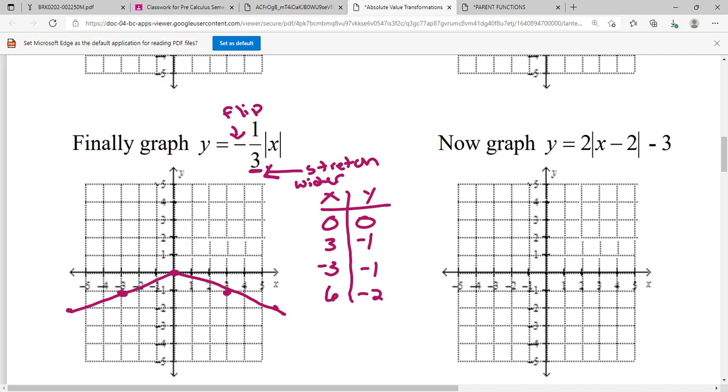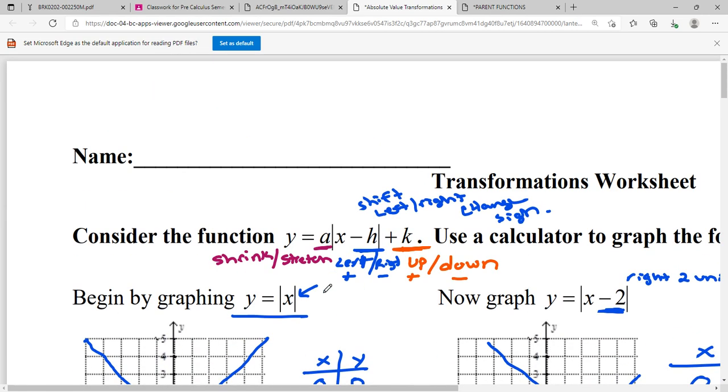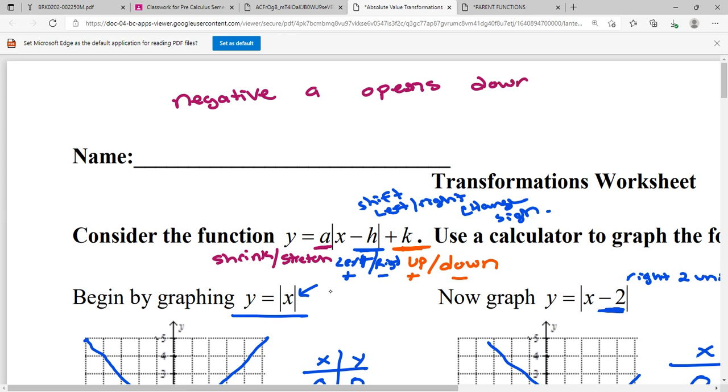Okay, so our negative values open down. Opens down. Positive A opens up.